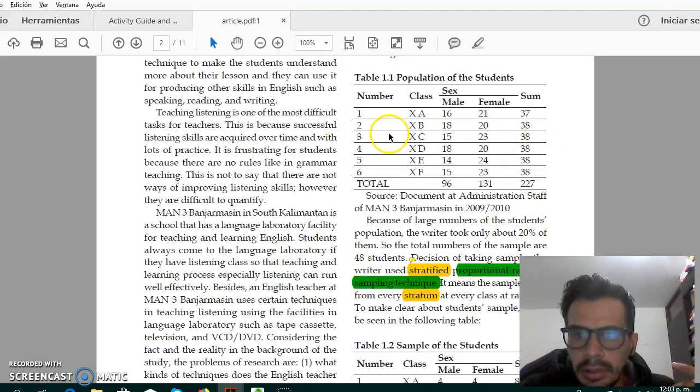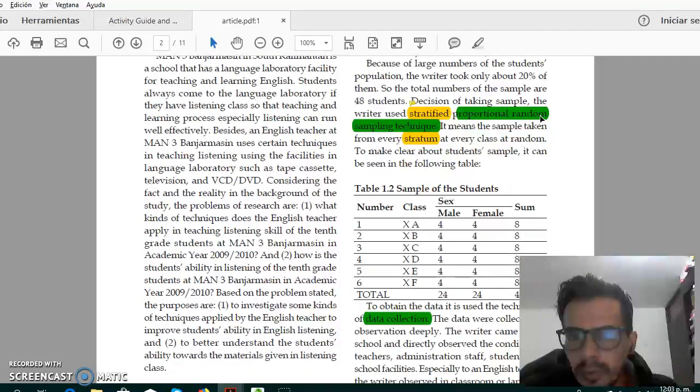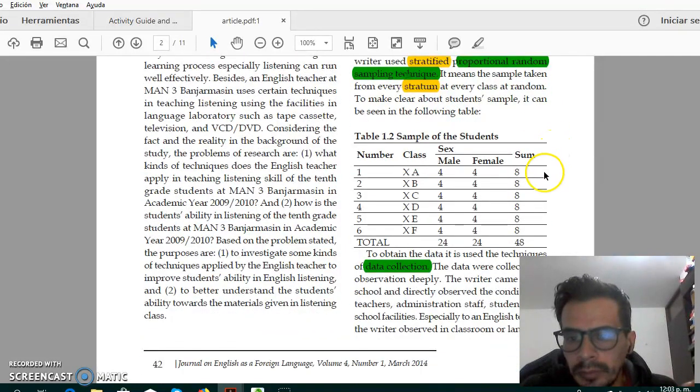For example, the first group has 37 students, and when the researcher applied the proportion of 20%, the sample of students would be 8.